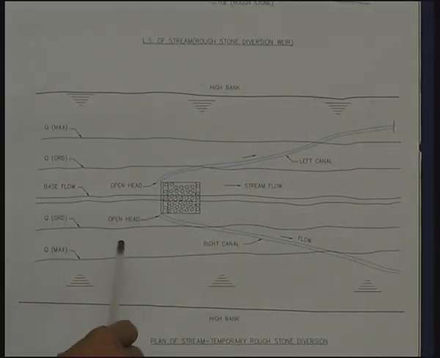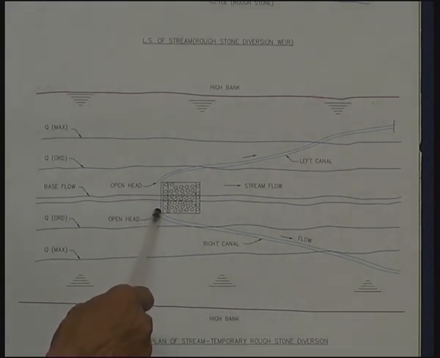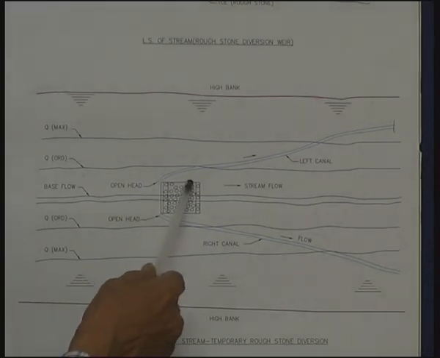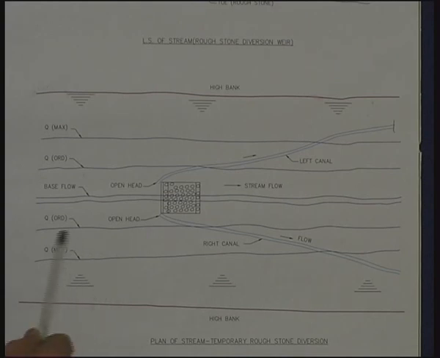So this is done at a very low cost. The structure itself is costing only about 4,000 rupees, and this is similar to the one which the tribal farmers construct for the hill streams.